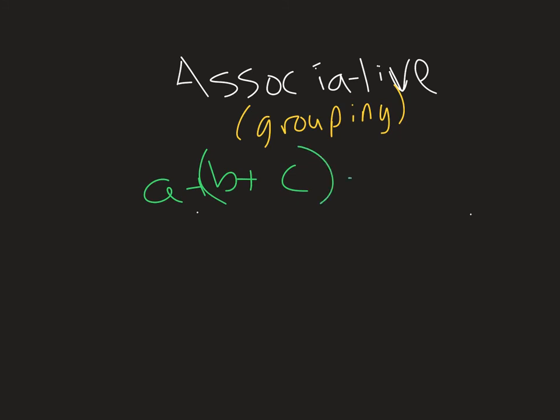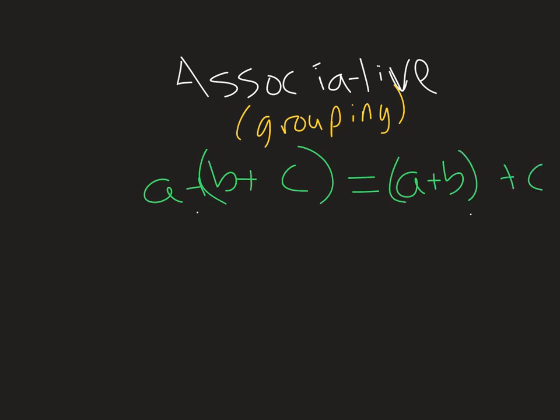Associative property, or sometimes it's also known as grouping. And this one gets confused with commutative quite a bit because it acts a little bit similar in some regards. So the idea is if I have a plus b plus c, but I'm doing the b plus c first, well, that's the same thing as if I was to do a plus b first plus c.